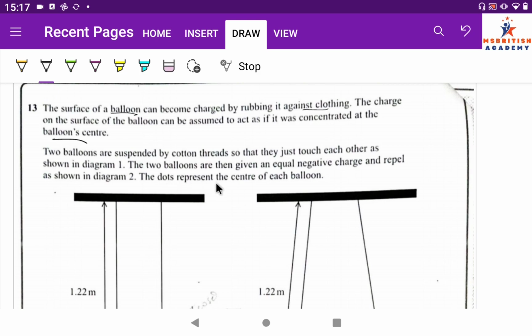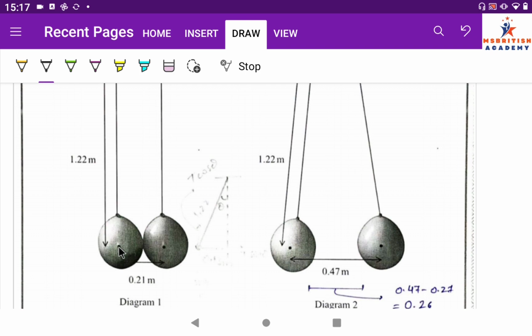The dots represent the center of each balloon, and the distance between the centers of these two balloons is 0.21 meters, and the length of the thread is 1.22 meters.